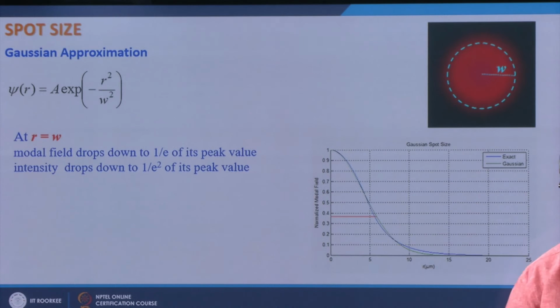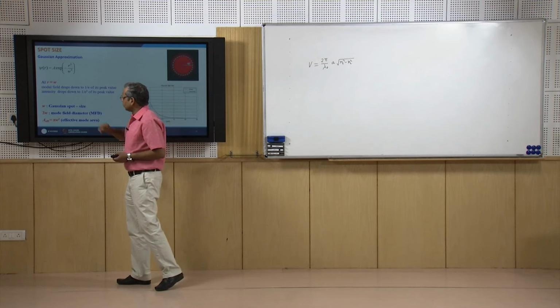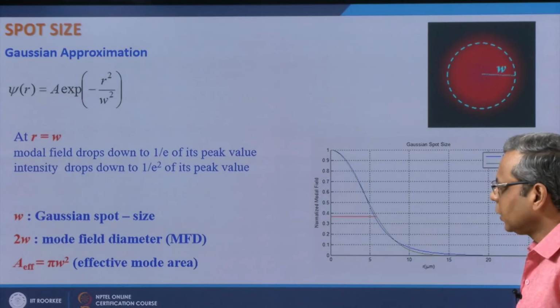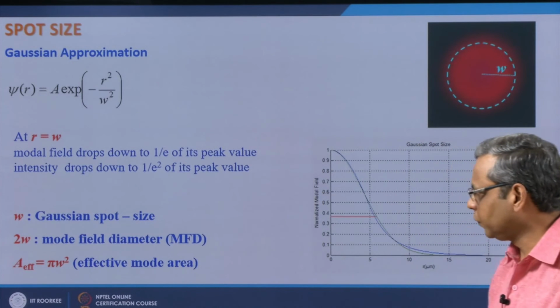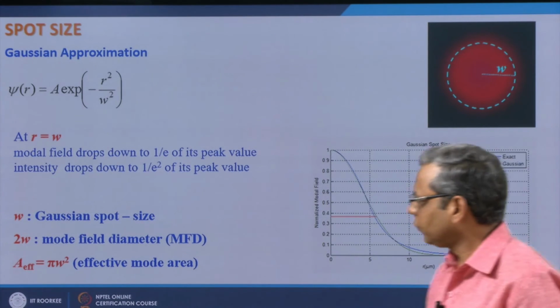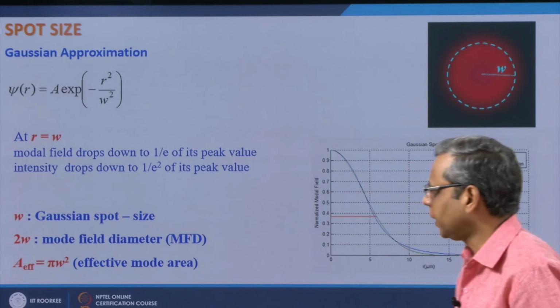So it gives me a good estimate of the size of the spot. This w is known as the Gaussian spot size, and 2w is the mode field diameter, and I can find the effective mode area by pi w square.